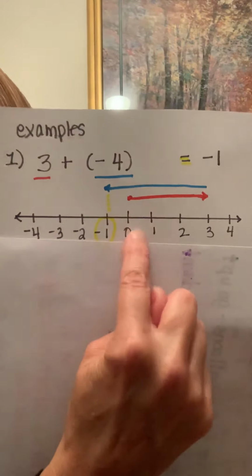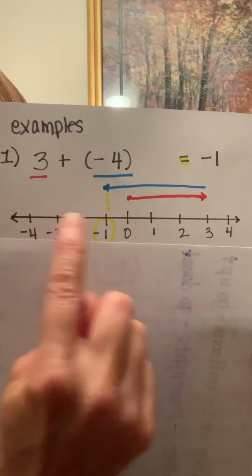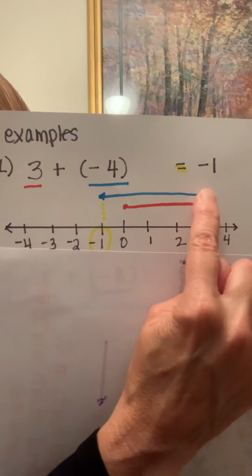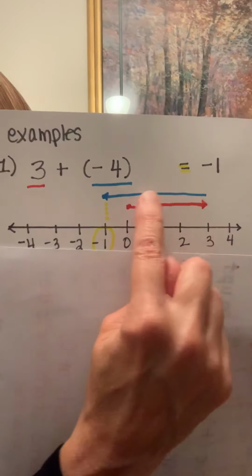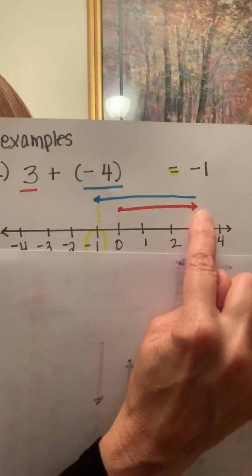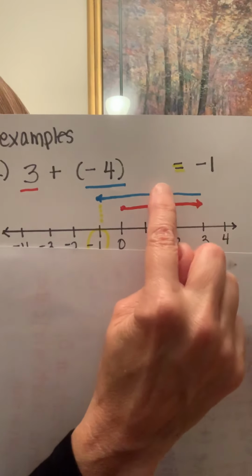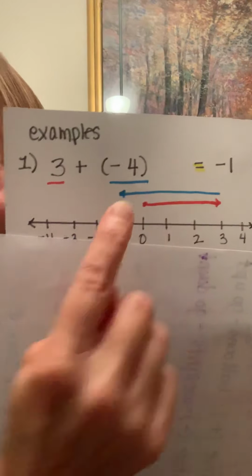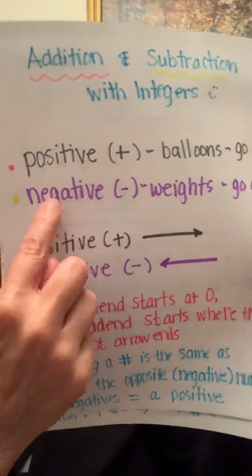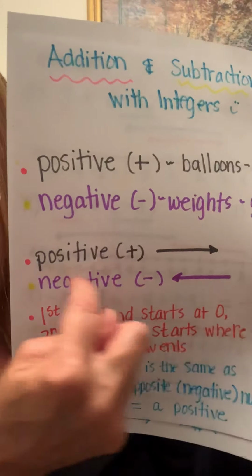Here's our second addend. We're not going to start at 0 and go to 4. We're going to start where the first one ended, at 3. This is where I pick up my pencil and go the other direction. So I start at 0, go 3, go straight up, and go over negative 4. Remember, positive, shoop, negative, shoop.